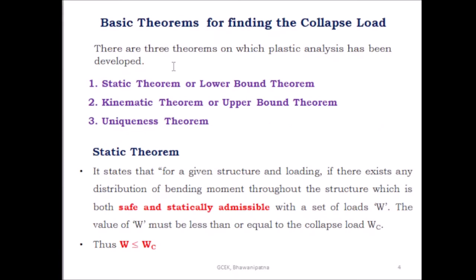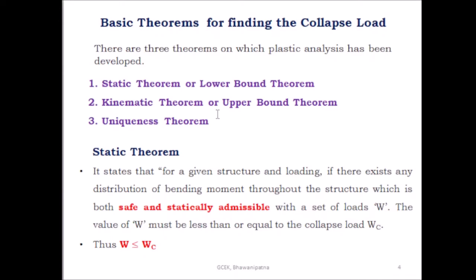Then coming to the basic theorems for finding the collapse load. There are three basic theorems that help to calculate the collapse load in a complex structure. We know in simple structures there could be only one possible collapse mechanism, and hence not much difficulty is faced in solving the problem.